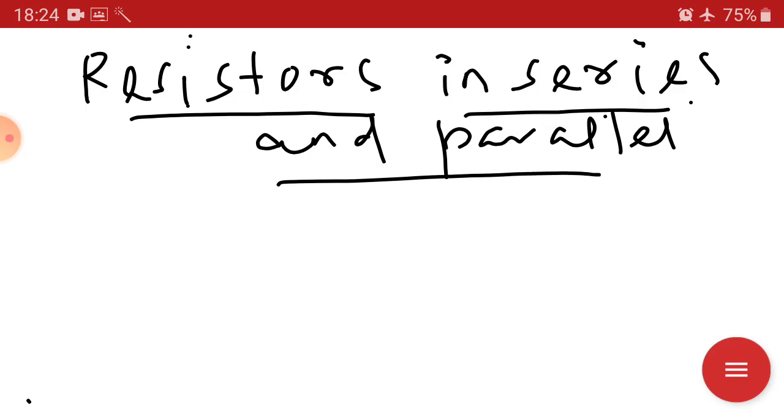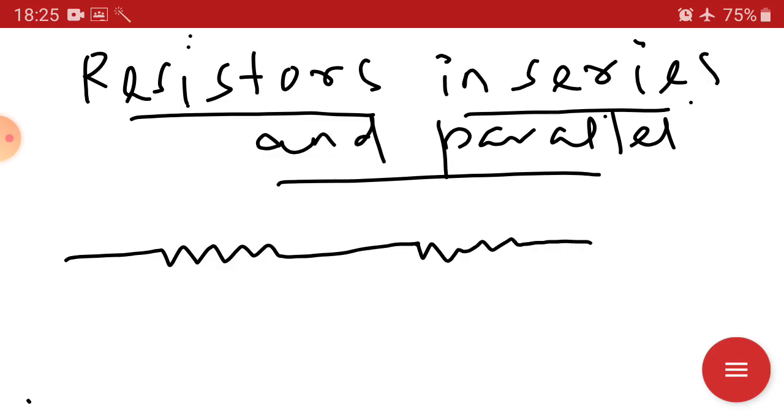So what will be the equivalent resistance if you connect the resistors in series and if you connect them in parallel? Suppose in a circuit the resistors are connected in series. Let's say these are the symbols of resistors, connected in series.